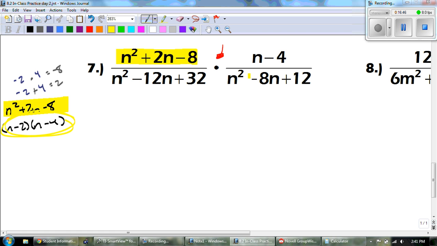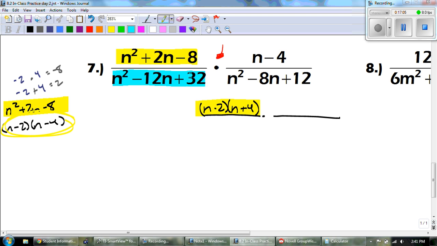So as I'm writing down my big division or multiplication problem over here, we have n minus 2, n plus 4. Okay, so that was everything from the yellow. Now, the blue. We have n squared minus 12n plus 32.